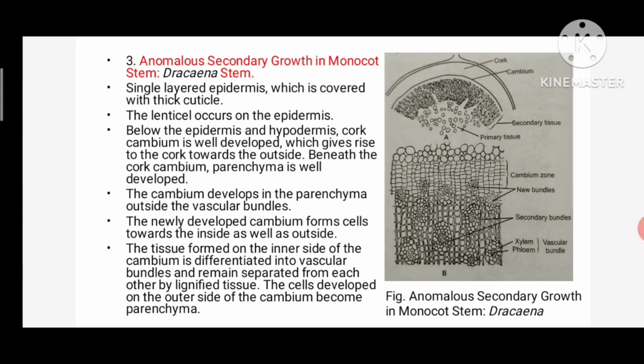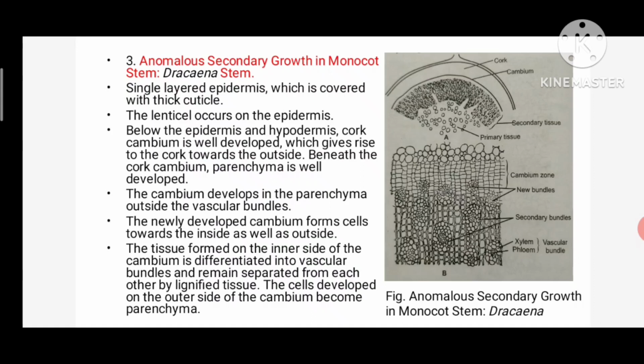The cambium develops in the parenchyma outside the vascular bundles. The newly developed cambium forms cells towards the inside as well as outside.